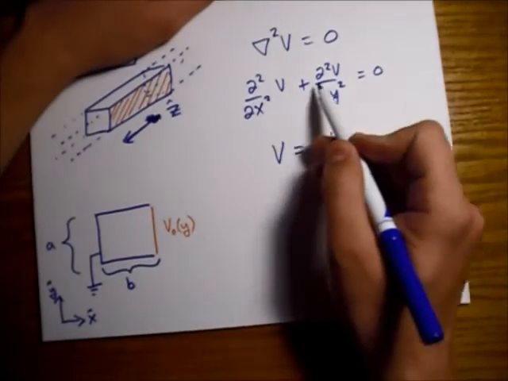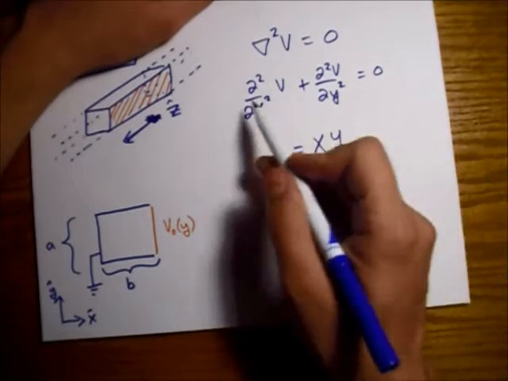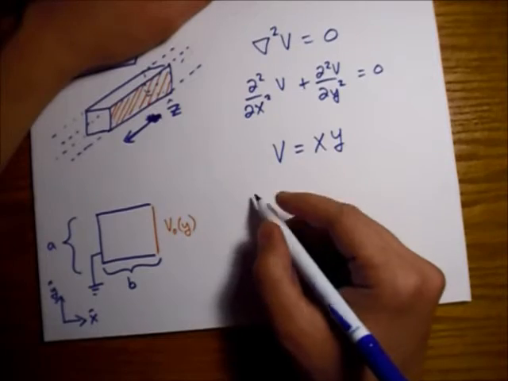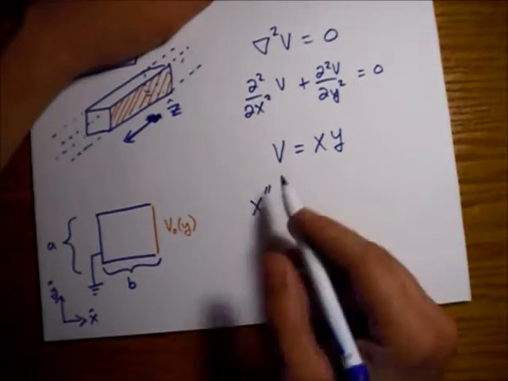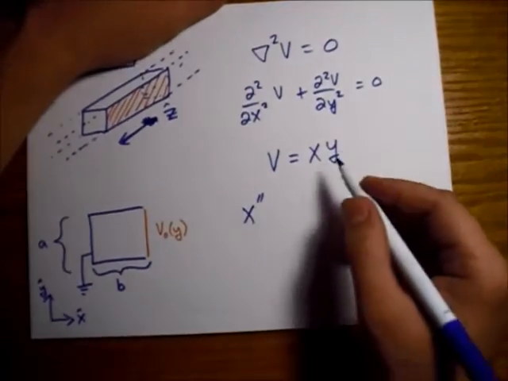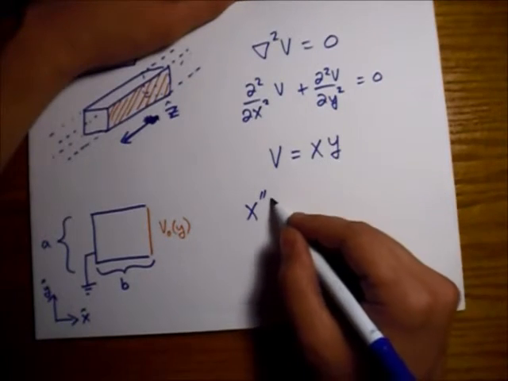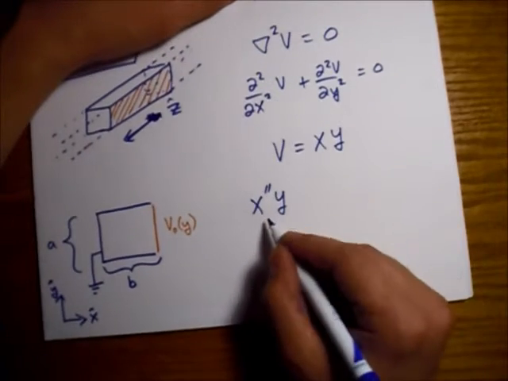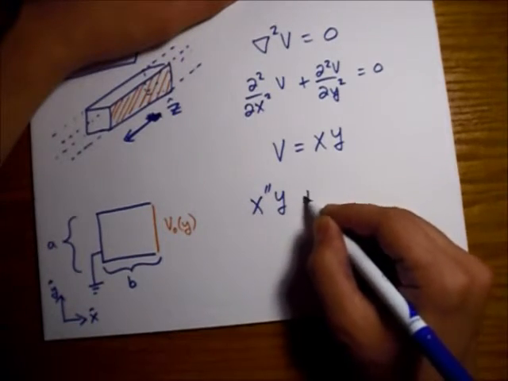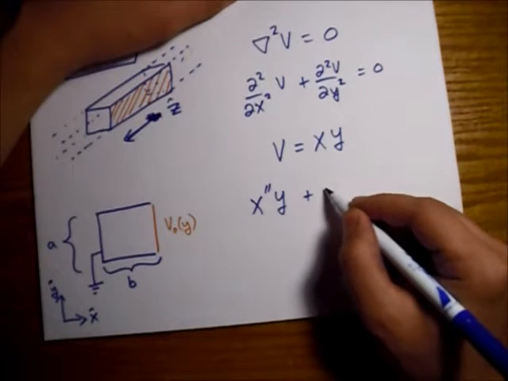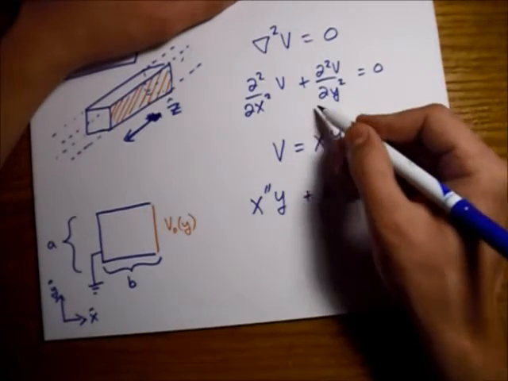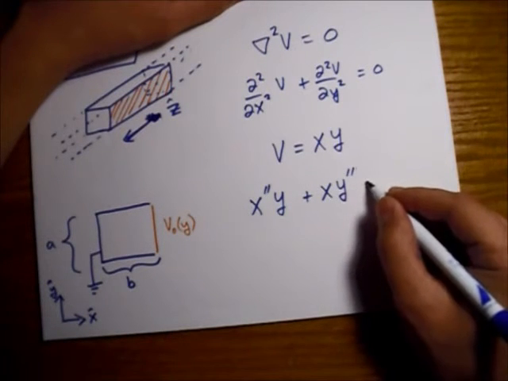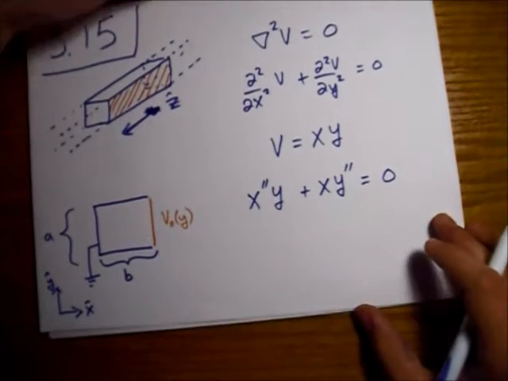Now when we take the Laplacian of this, I'll just write these as primes. We get X double prime, taking the second derivative with respect to x, multiplied by Y. Y does not depend on x, so we just write Y. And then plus X times Y double prime, taking the second derivative with respect to y. This is still equal to 0.